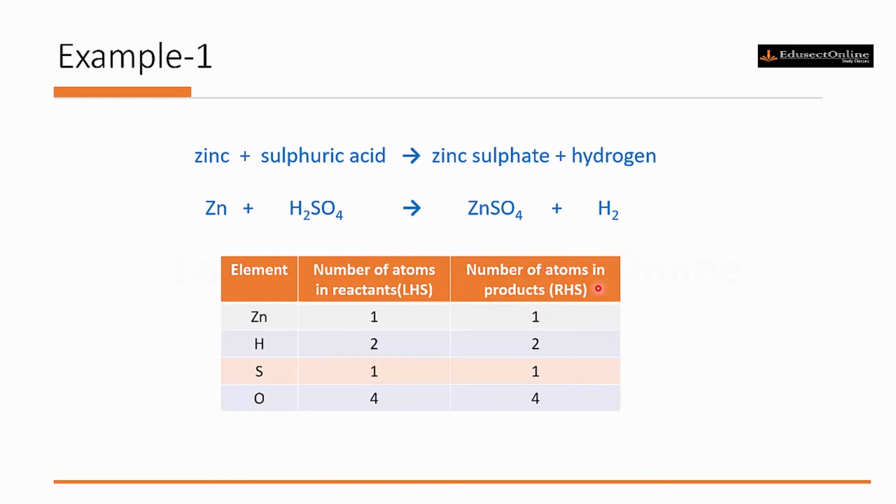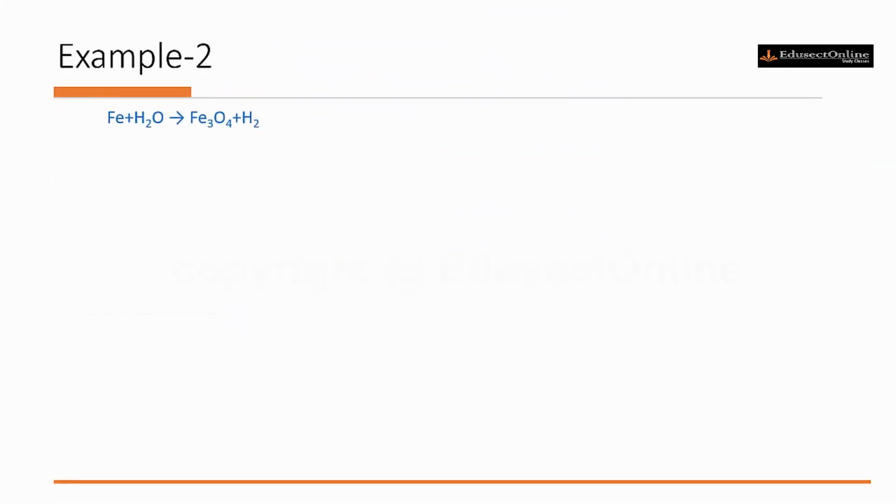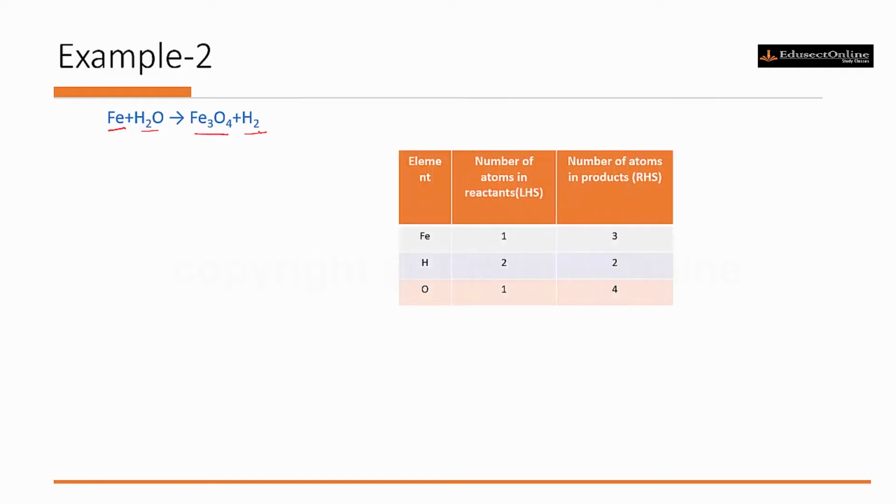We can check another example. Here, Fe reacts with H2O, forming Fe3O4 and H2. We should check whether this equation is balanced or not. I have written the element, the number of atoms in the reactants and the number of atoms in the products in three different columns.